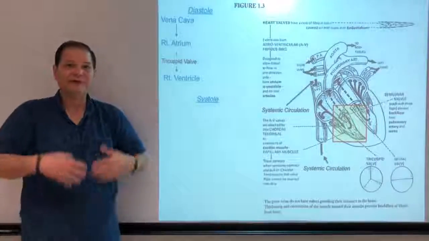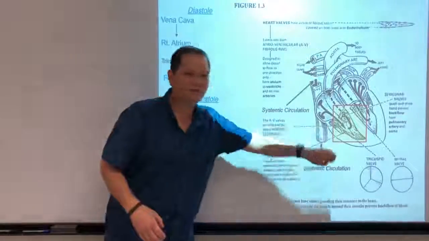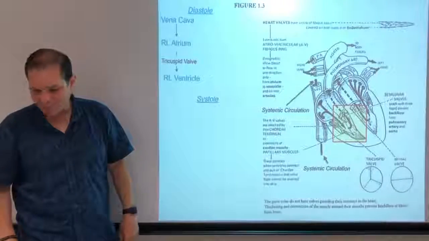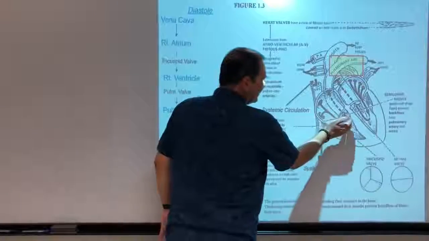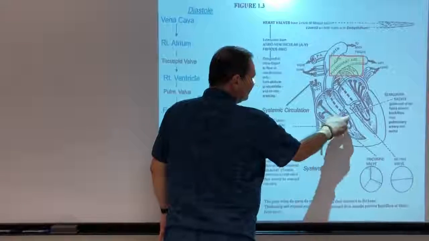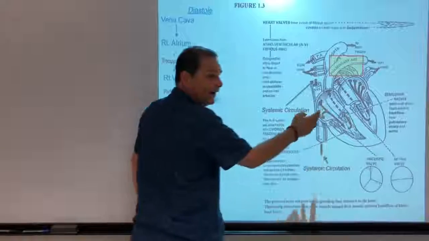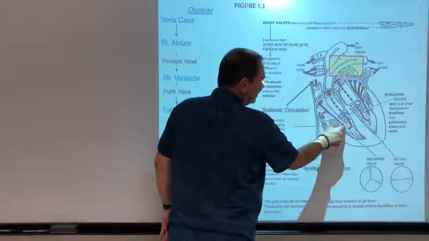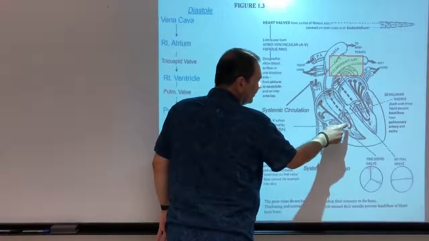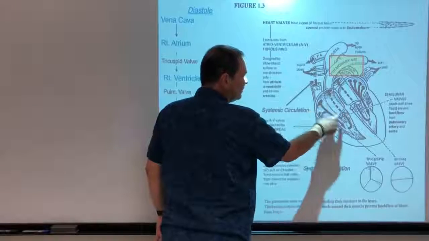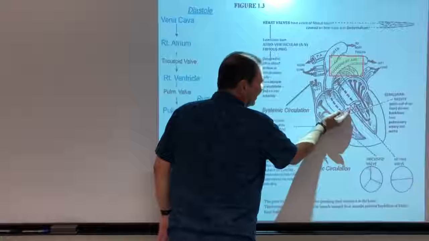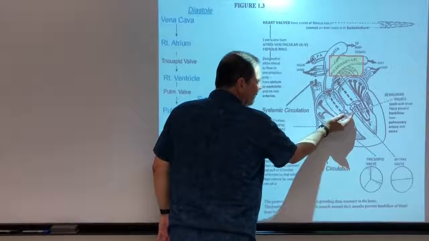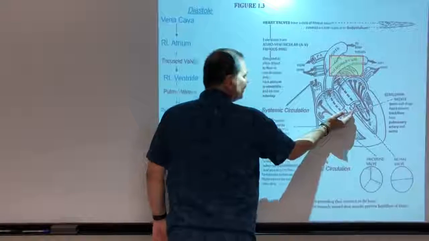The muscle contracts, and that causes the chambers to contract, and the pressure goes up. And when the pressure goes up, the pressure in the right ventricle exceeds the pressure in the right atrium. And that blood wants to flow from the high pressure to low pressure back into the atrium, but because this pressure has been elevated, this valve is a one-way valve and it is shoved closed.